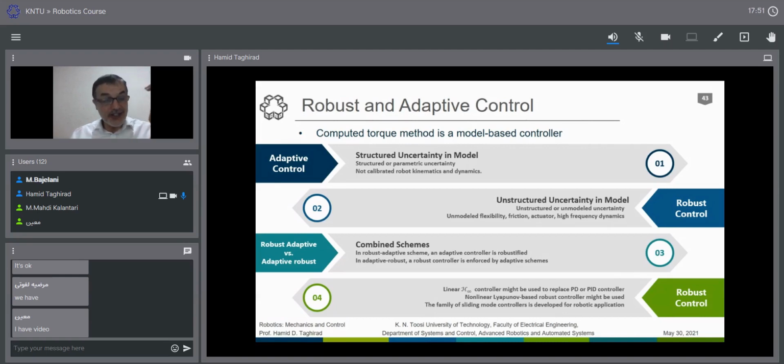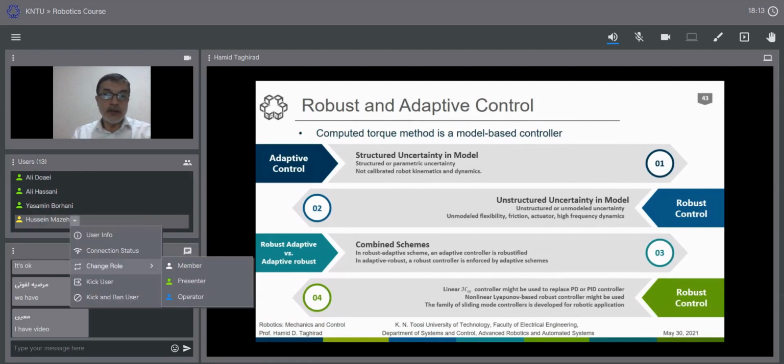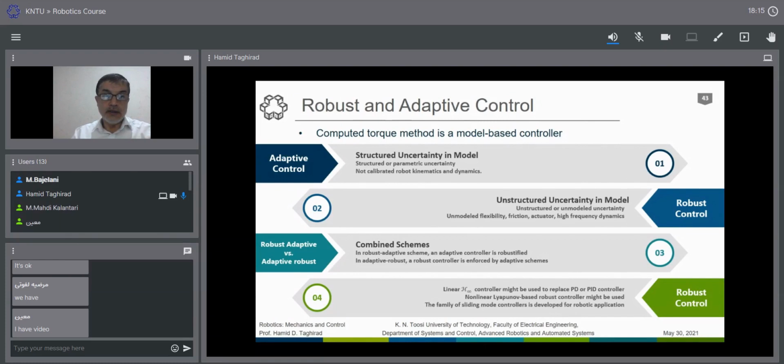As I mentioned, this has a long story, and there are effective methods to determine that, but we don't want to go in depth of all the details. I will refer you to robust control techniques for your further use, and we just have a structured or parametric uncertainty, and this might come because of non-calibrated robot kinematics or dynamics.